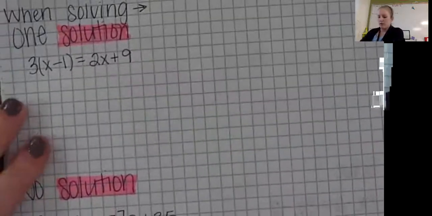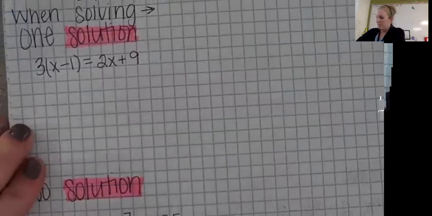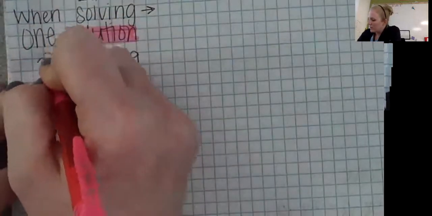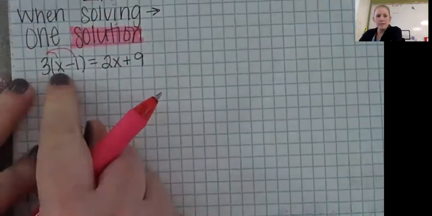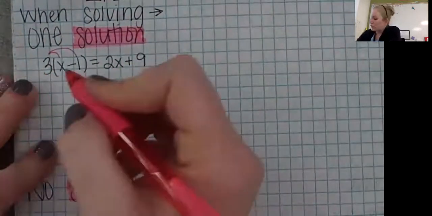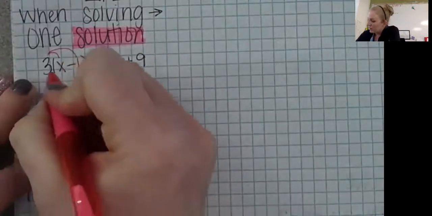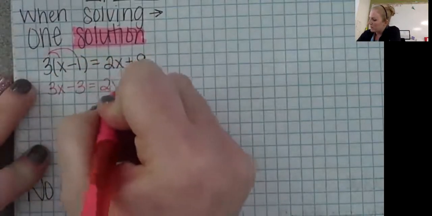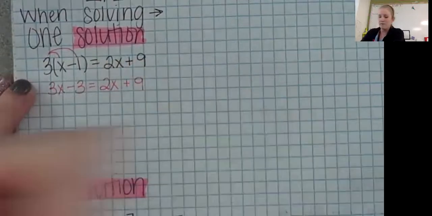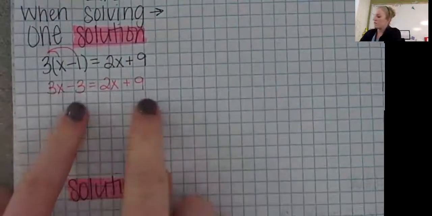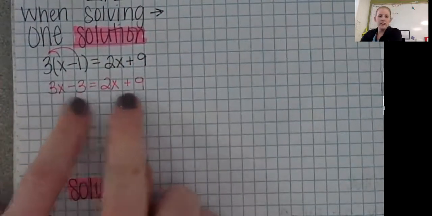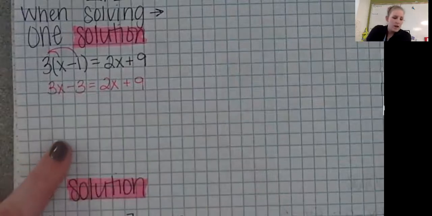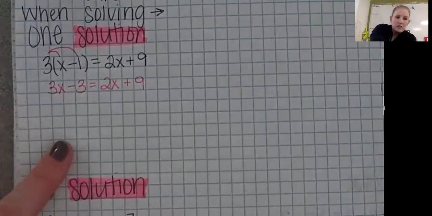All right, now if we look at solving some, you're going to distribute. 3 times x is 3x, 3 times negative 1 is negative 3. Bring down your equals, 2x plus 9. Notice these equations are not exactly the same, and one of the variables does not cancel.